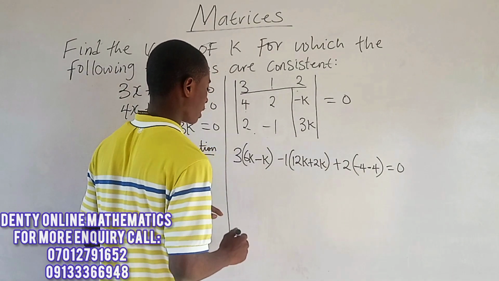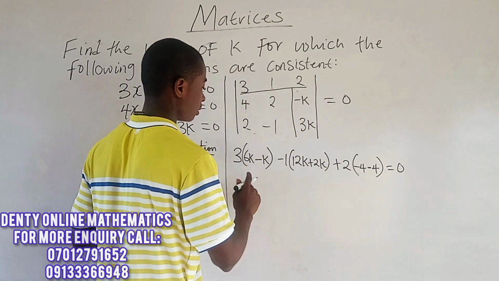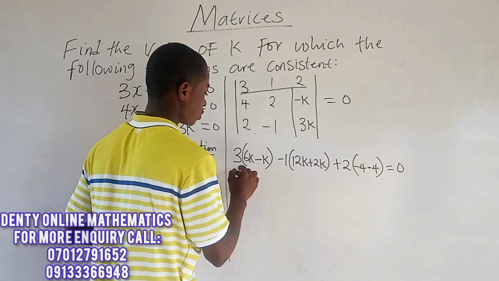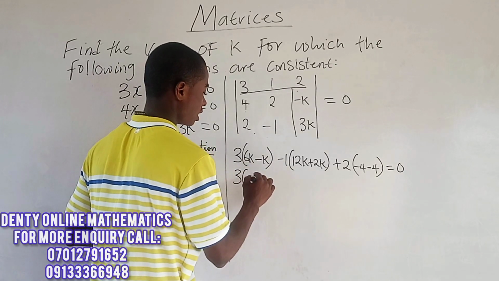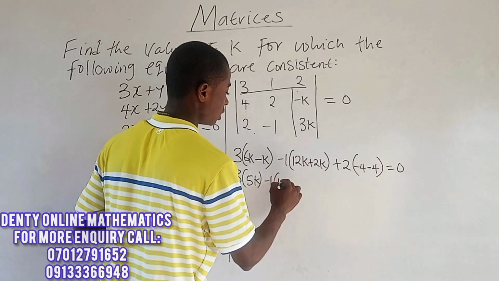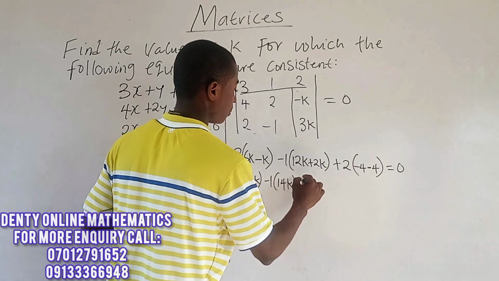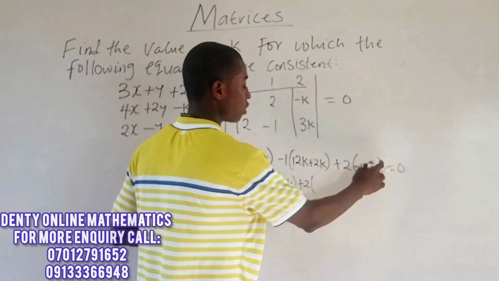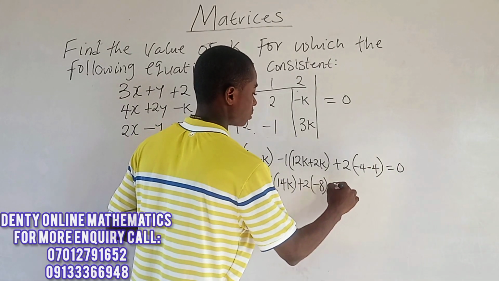Now I'll expand the bracket. But before that, I have to simplify the bracket first. So I have 3 into 6k minus k, which is 5k, minus 1 into 12k plus 2k, which gives me 14k, plus 2 into minus 4, which gives me minus 8, equal to 0.